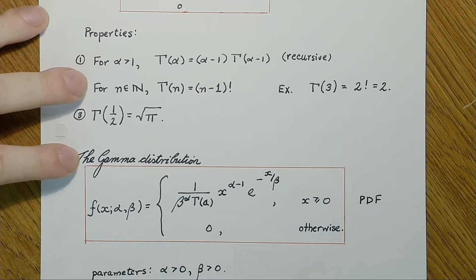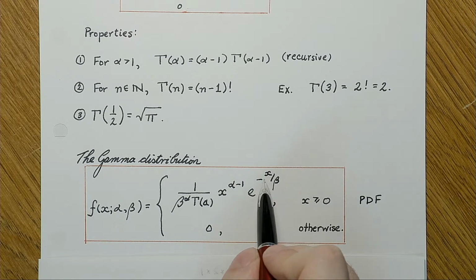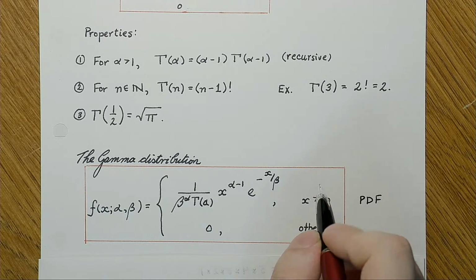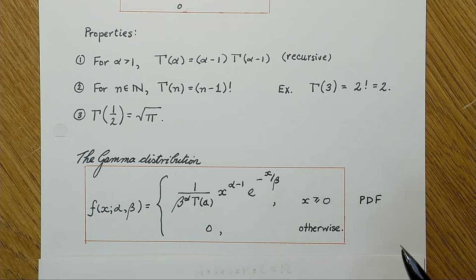Now, the gamma distribution has this PDF. It's 1 over beta to the alpha times gamma of alpha, times x to the alpha minus 1, times the exponential function of minus x over beta. And that's for a value of x which is greater than or equal to 0.